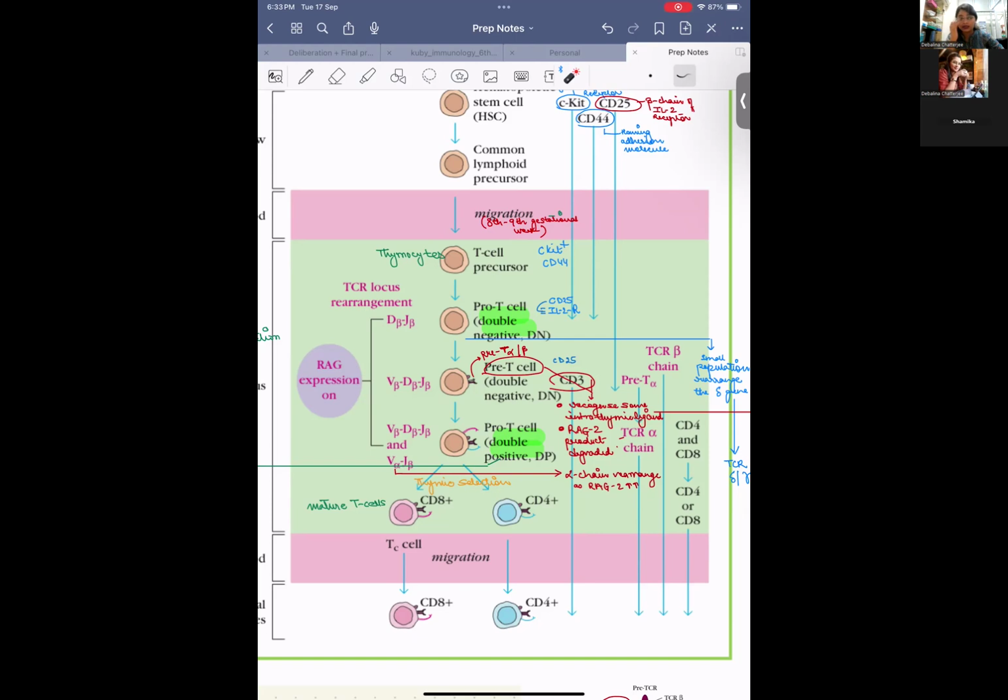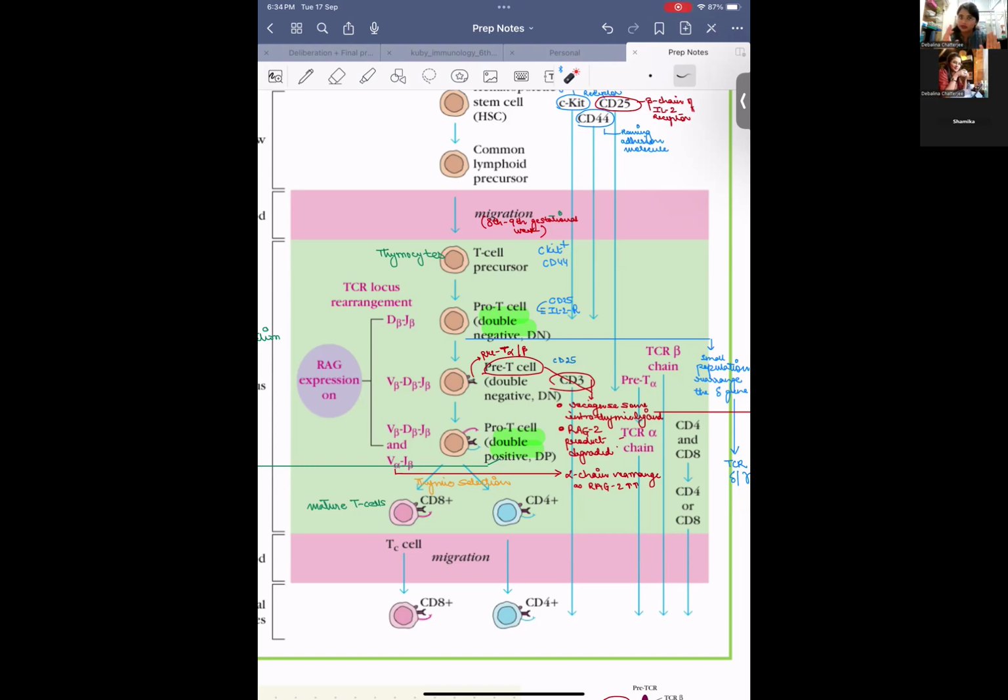This is like an alternative for the alpha chain that eventually is going to undergo recombination separately, and eventually on the mature T cell we have the recombined alpha chain joining with your recombined beta chain.